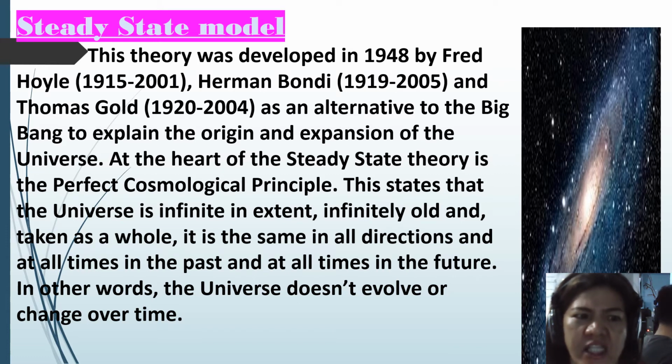This states that the universe is infinite in extent, infinitely old, and taken as a whole, it is the same in all directions and at all times in the past and at all times in the future. So in other words, the universe does not evolve or change over time.